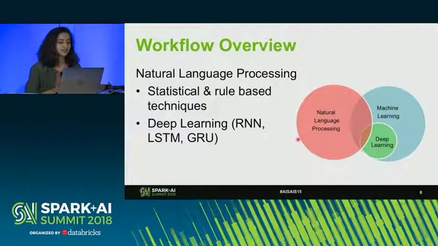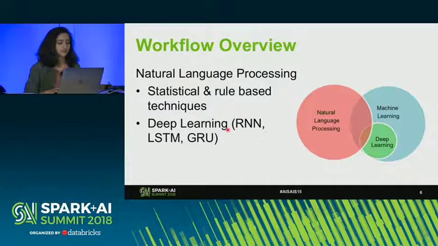For sentiment analysis, we focus on two techniques. There are multiple ways to do it, including machine learning, deep learning, and traditional conventional methods, which are rule-based and statistical. We focus on two of these: one is statistical and rule-based, and the other is deep learning.